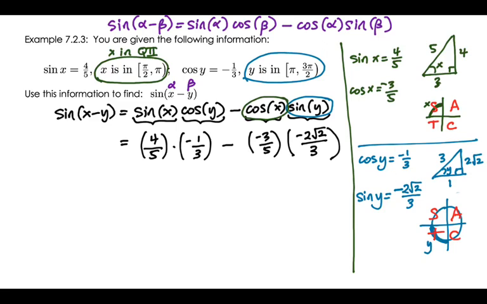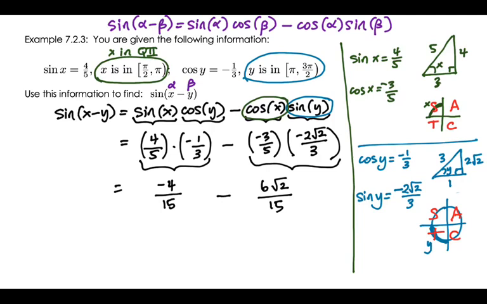All right, so all I have to do now is my order of operations, my multiplication. We're going to multiply these two fractions. 4 times negative 1 is negative 4. 5 times 3 is 15. Same thing over here. I'm going to multiply these two fractions. I've got a negative times a negative, so it's going to be a positive 6 root 2. 5 times 3, 15.